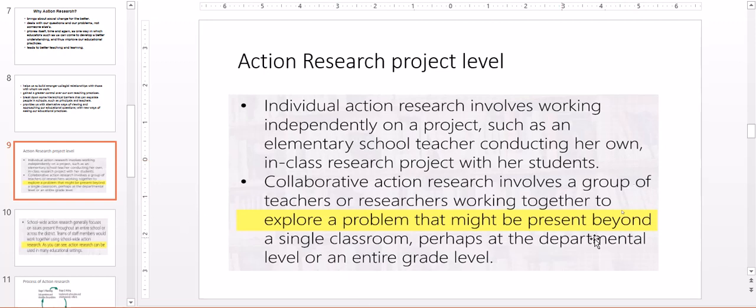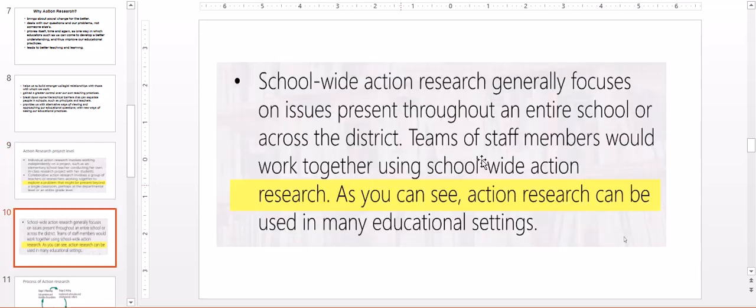Action research can be carried out in a group, in two or three different classes working together with colleagues, and we can also carry it out school-wide, where all the teachers are involved to bring some kind of conclusion to the problem.